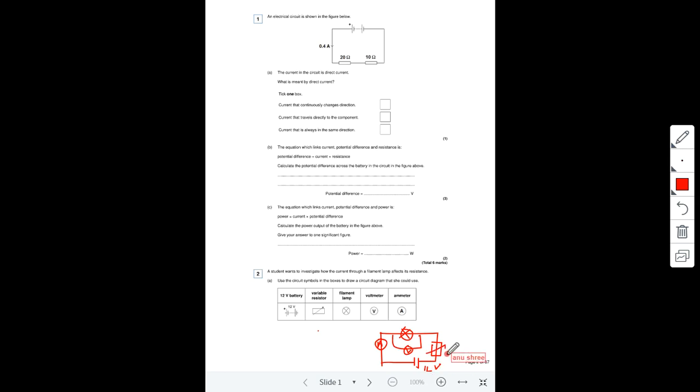So what happens is if you change the resistance with the help of this variable resistor, the current flowing inside the circuit will also change. Suppose at this time the current flowing is 2 amps and resistance is 1 ohm.